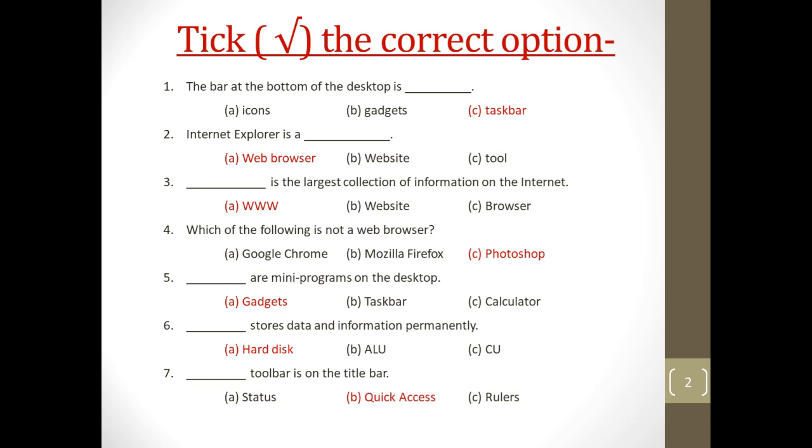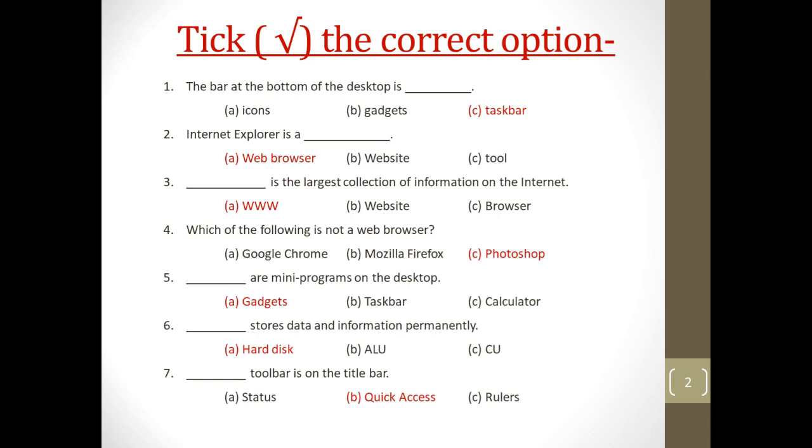Fifth one is dash are mini programs on the desktop. Three options are given: gadgets, taskbar, and calculator. And the correct answer is gadgets. Gadgets are mini programs on the desktop.